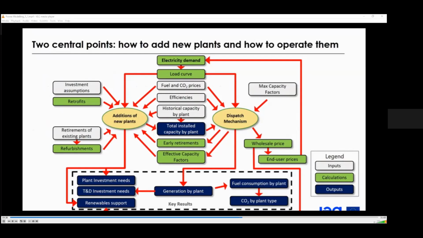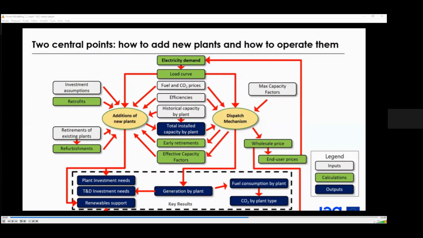If you look at this diagram, the main inputs to operate the plants are, of course, the installed capacity, which was an output, outputs being in blue, of the capacity mechanism. Once we have capacity, the main drivers are fuel and CO2 price, efficiencies, historical capacity, and maximum capacity factors.